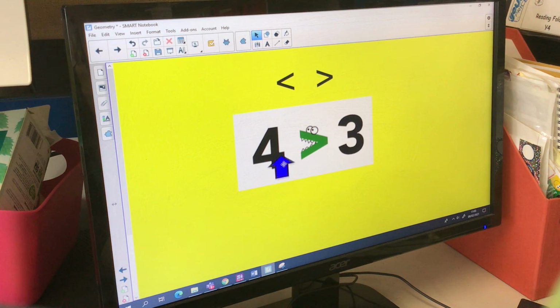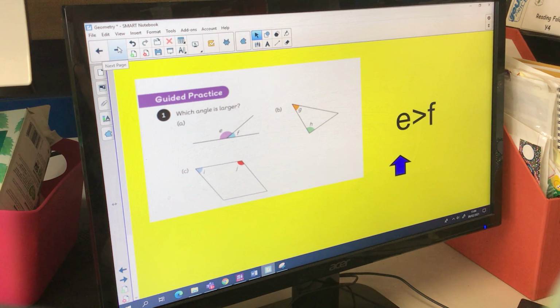Okay, so here we've got 4 is greater than 3. 3's got the closed mouth, 4's got the open mouth. Just as a little reminder there, children, because you will be asked to do that today. And here's an example. We can say E is greater than F. We can write it like that. Okay, E is greater than F.